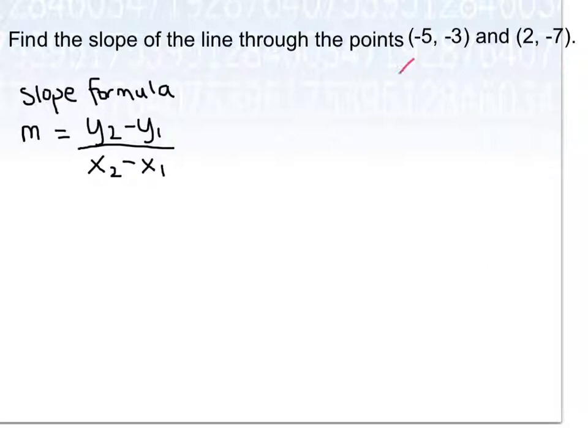So that would mean that we have this labeled as x2, y2. And 2, -7 as x1, y1. So if we're going to plug that into the formula, we're going to remember that y2 in this case happened to be -3.